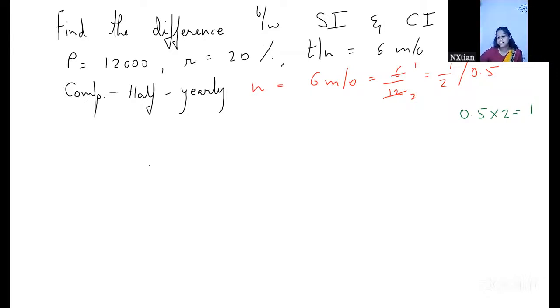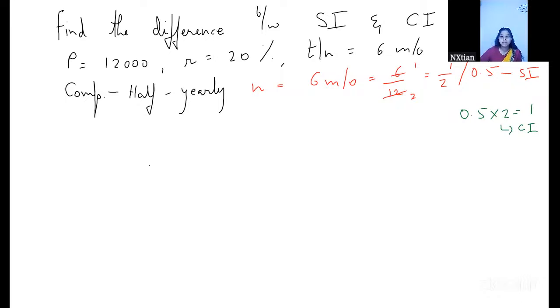What I have done, I have used 0.5 for SI, for simple interest, and 1 for CI.